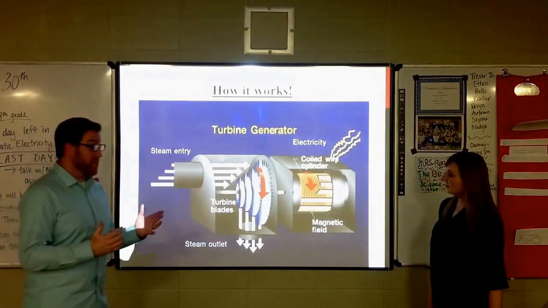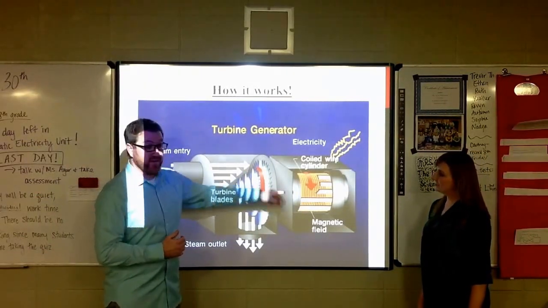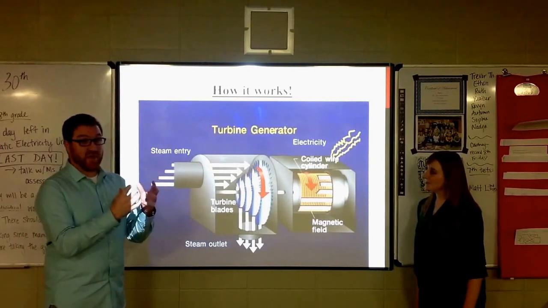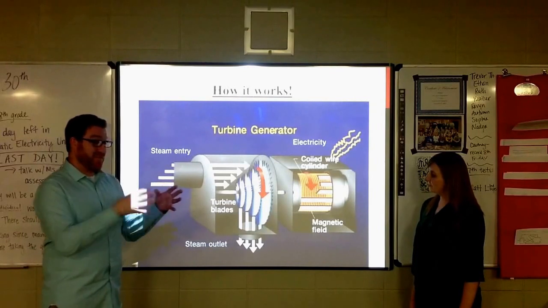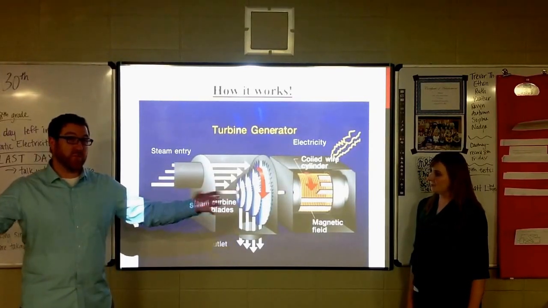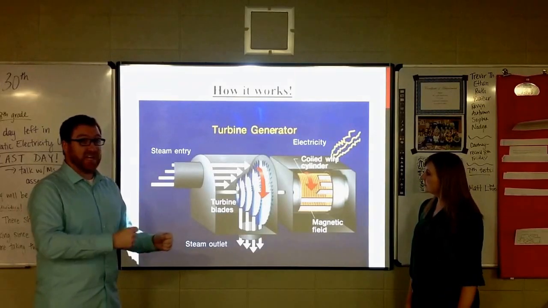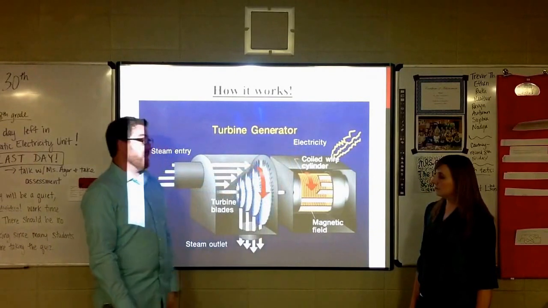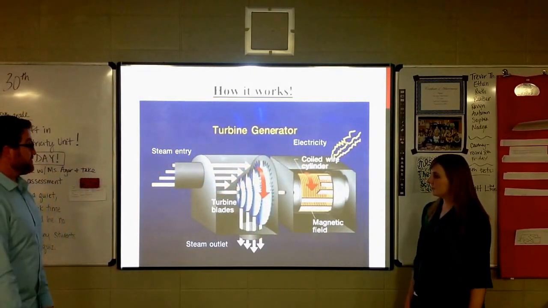And then again, it's that motion that is connected to an axle that has a tremendous amount of wire attached to it. That wire inside of a big magnet, literally a magnet, think of the size of this room, will have all of this wire rotating in it rather rapidly, which ultimately induces the electricity out of that wire for us to use.